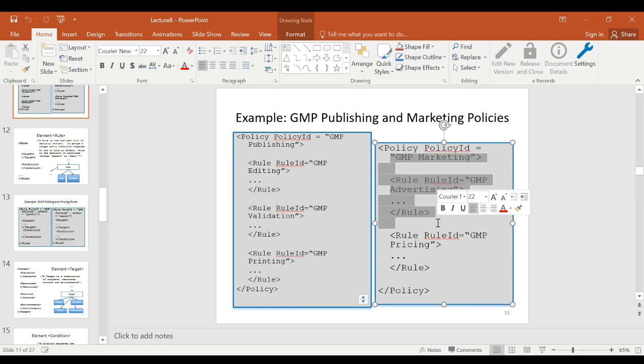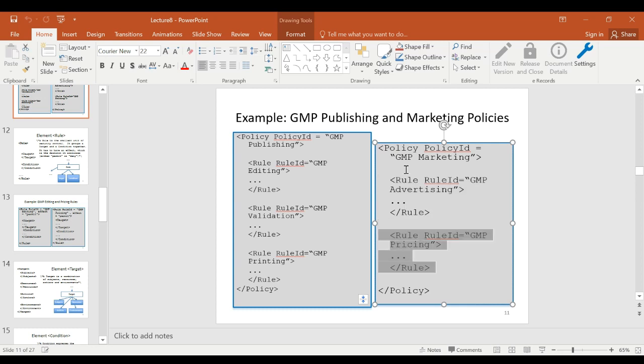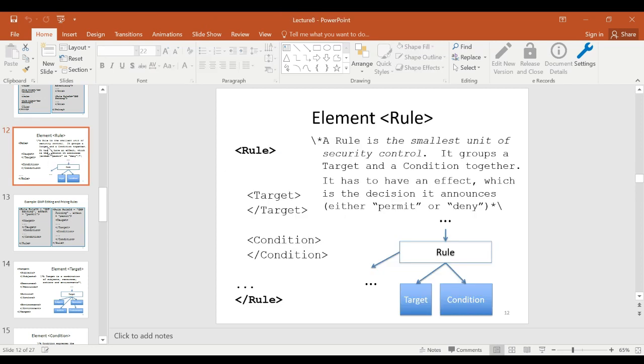On the other hand, the marketing department might have a couple of rules. The first one controls the advertising of maps, and the second one might control how the prices are changed and affected for the different products. Now let's go into the rule element, which, as we said, is the smallest building block.